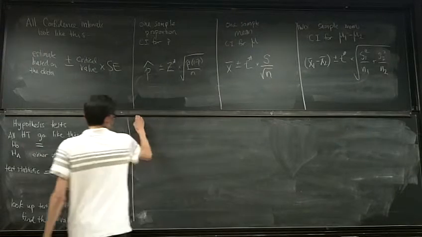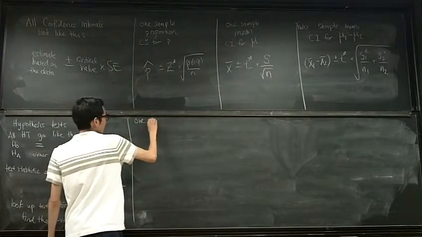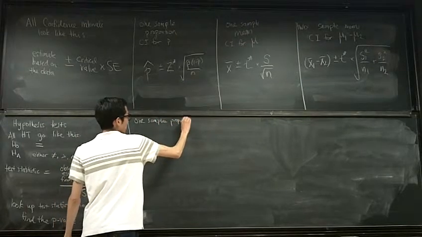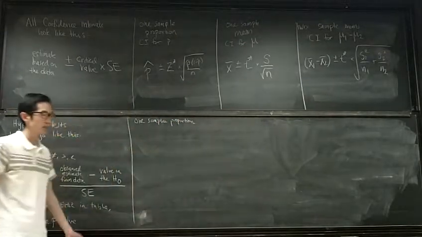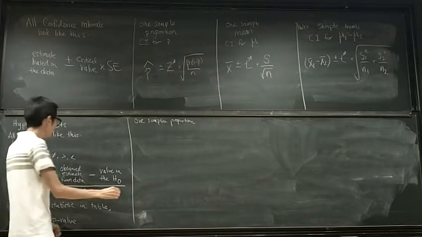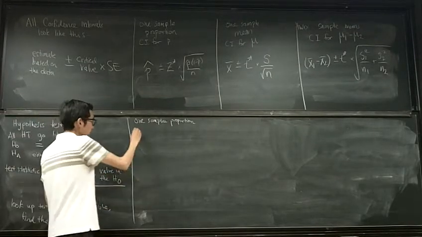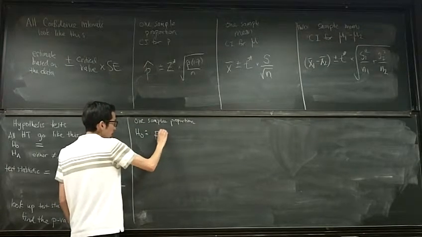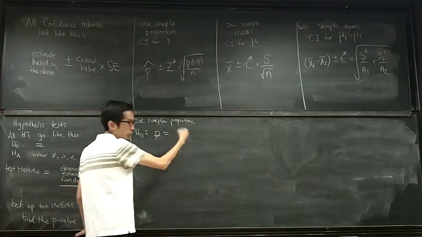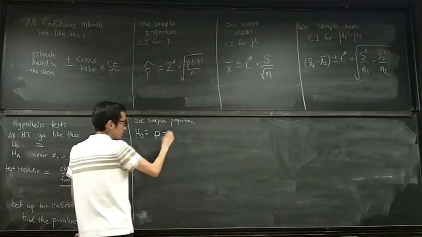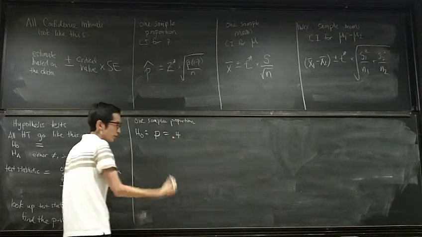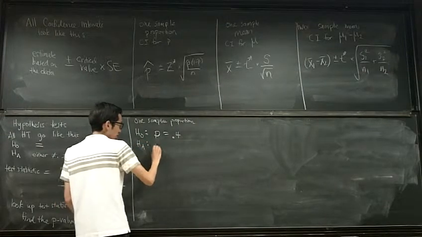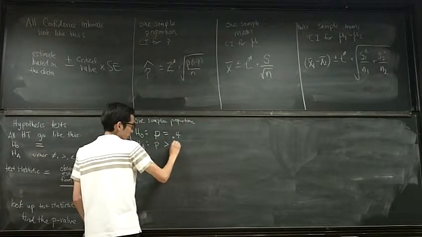Alright, so this is one sample proportion. Is this categorical or numeric? Categorical, one sample proportion. So the null hypothesis will be P is equal to some number. I'm just making up a number, it's not always going to be this, but P is equal to 0.4, and then the alternative is P greater than 0.4.